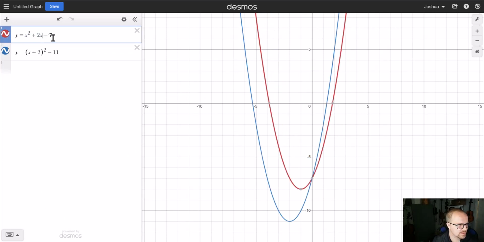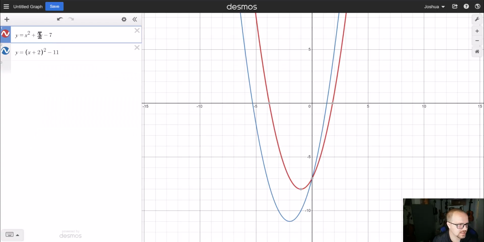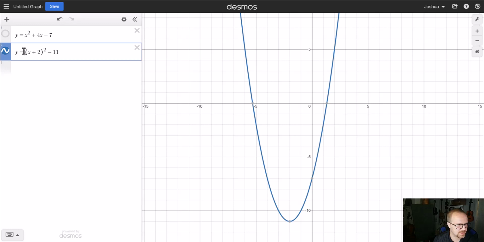Ooh, did I write this wrong? Yes, there we go. Man, I'm really bad at writing things. There we go. Oh my goodness. x squared plus 4x minus 7 is indeed the same thing as (x plus 2) squared minus 11, if you write the equations the right way. Good gravy. This is why we double check the things we write. So they're the same. Cool.